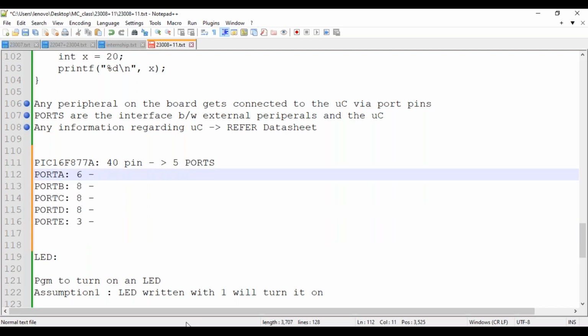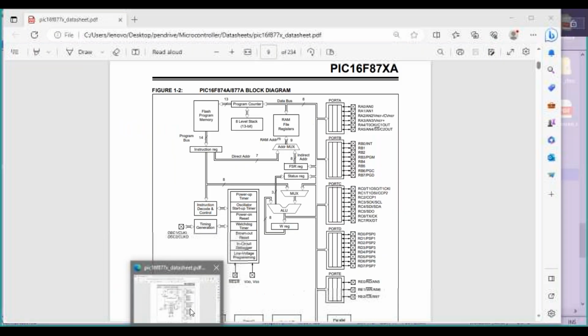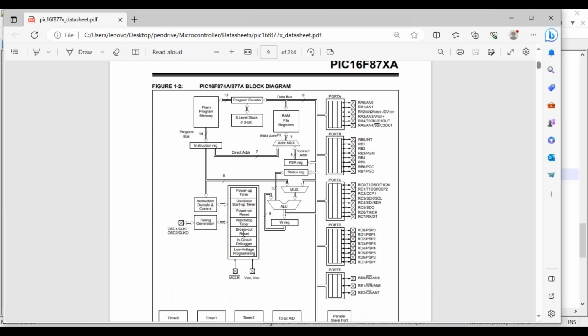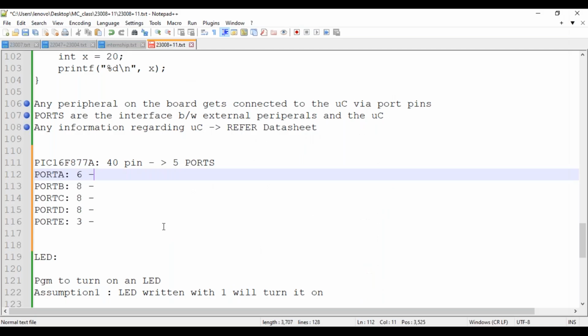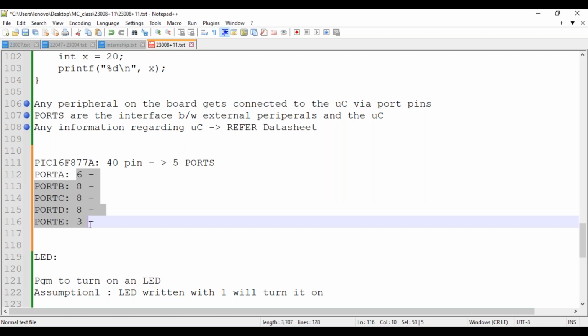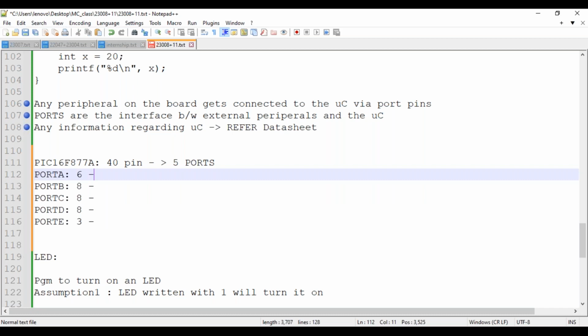Of the leftover 7 pins, one will be used for ground and the others for different voltage supplies. For other operations, you make use of the other pins. So there are 33 general input output pins available in our PIC16F877A microcontroller.